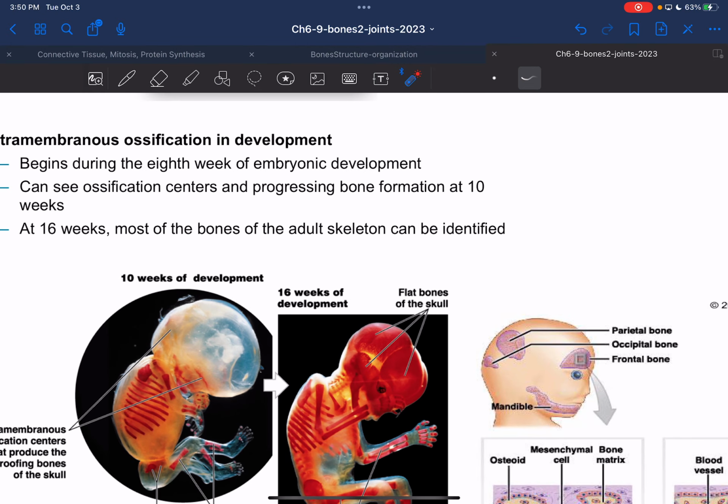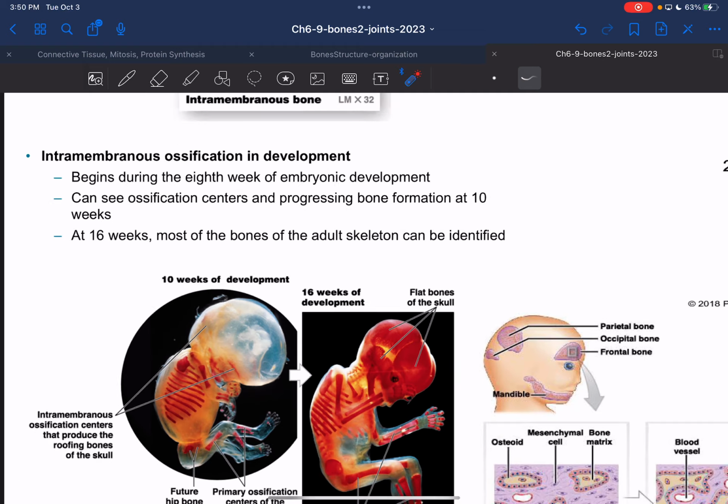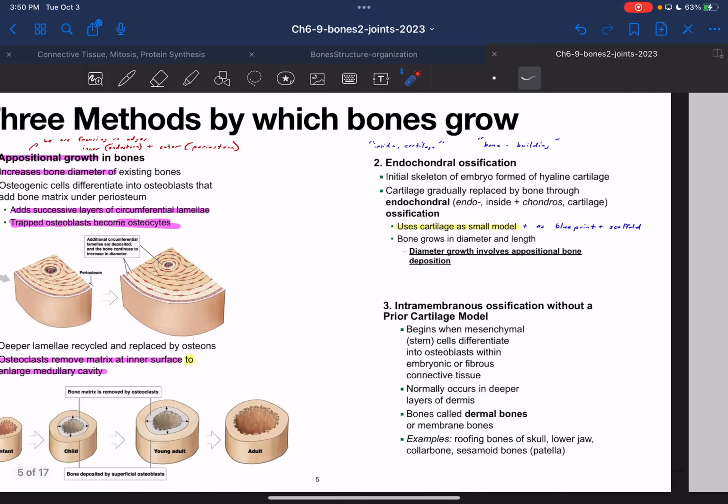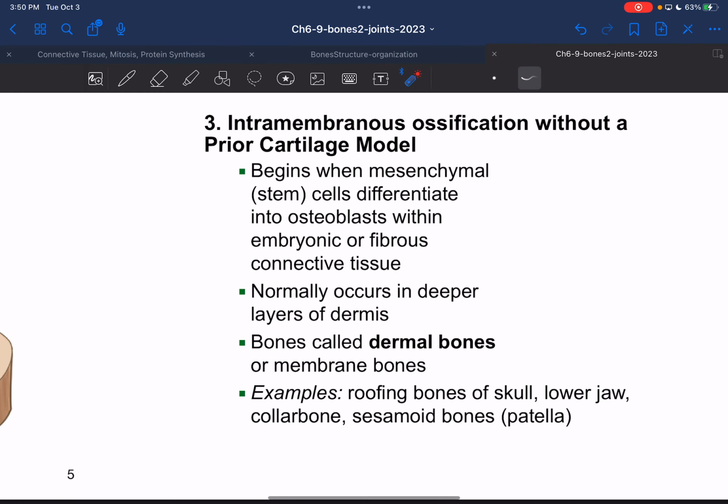These are also called dermal bones. And I thought I wrote it here, not seeing it. Find it, oh, here. And so intramembranous ossification, that's the one we're on. One of the major points here, it does not use cartilage as a model, and that's why it's worth mentioning, because it builds bone in a different way. It's a simpler way, but almost the same, slightly different.